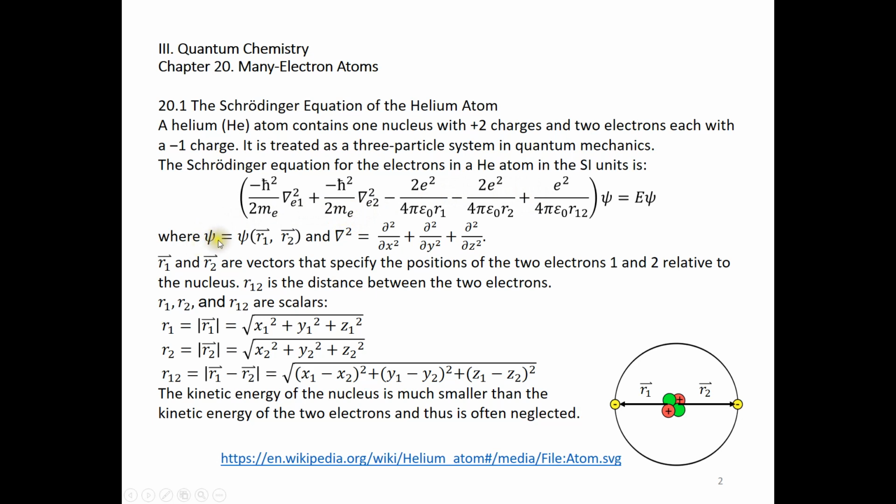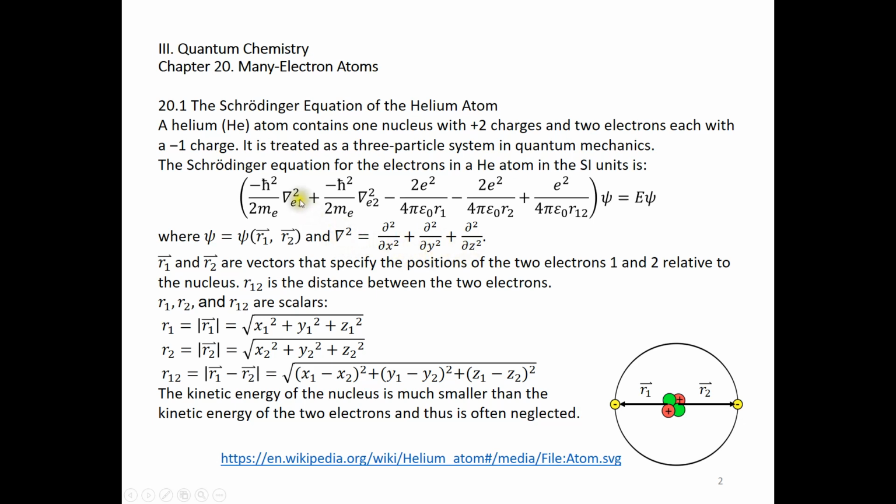First, this psi, the wave function, can be written as psi of R1 and R2, because we have 2 electrons with positions being specified by R1 and R2 vectors. And now this is the general form of the Laplacian, the sum of the 3 derivatives with respect to x, y, and z.